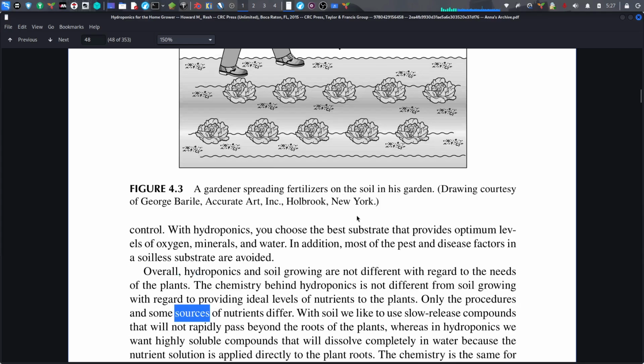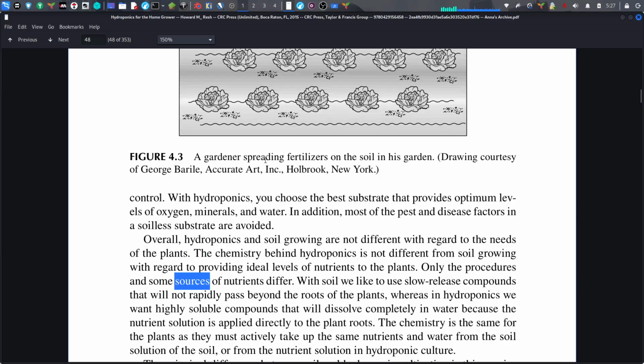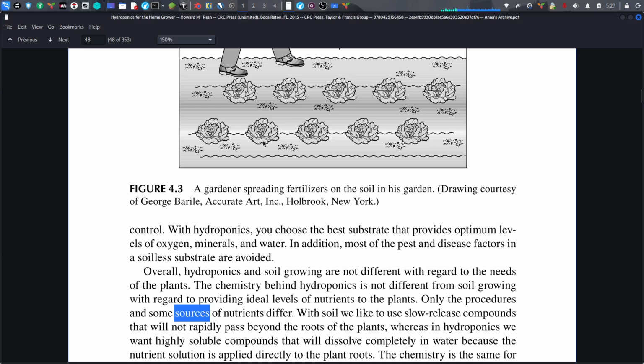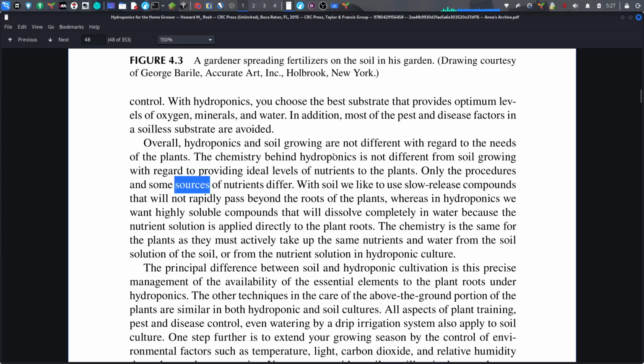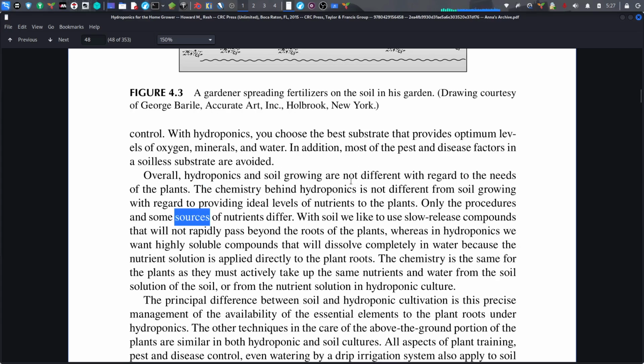In other words, nutrients in the soil are taken up by plants, and in hydroponics, nutrients are taken up from water, and the needs of plants are not different. In hydroponics, we use nutrient solutions directly. This means water plus molecules that plants need, or minerals like calcium and others. We will speak about this later.